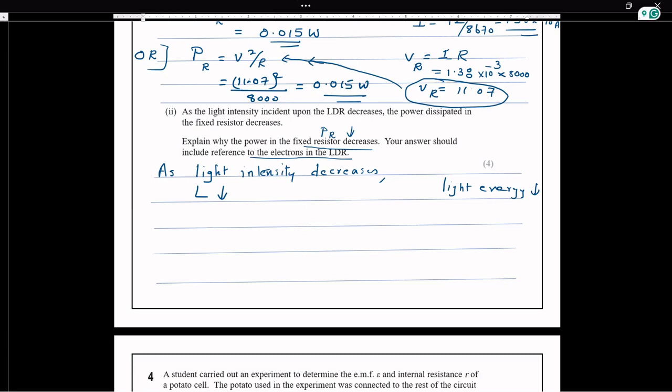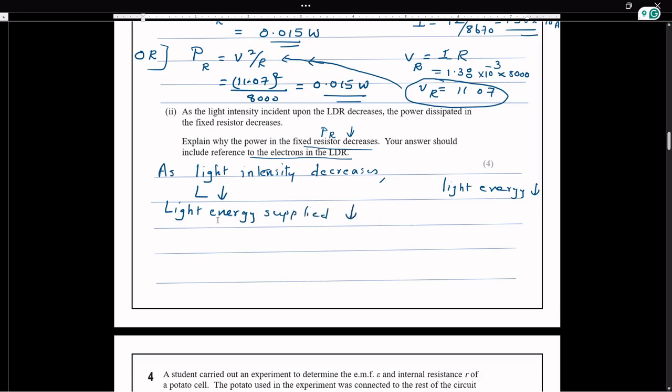And in semiconductor materials, when the energy supply decreases, the electrons emitted decrease. So that idea I'm going to write here. When light decreases, the light energy supplied decreases.